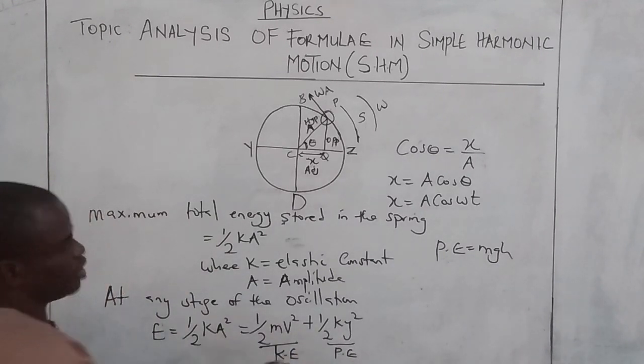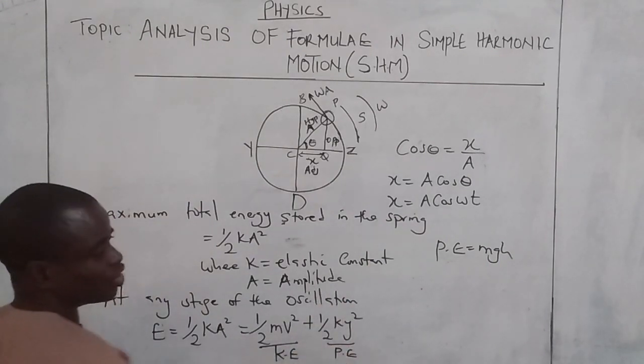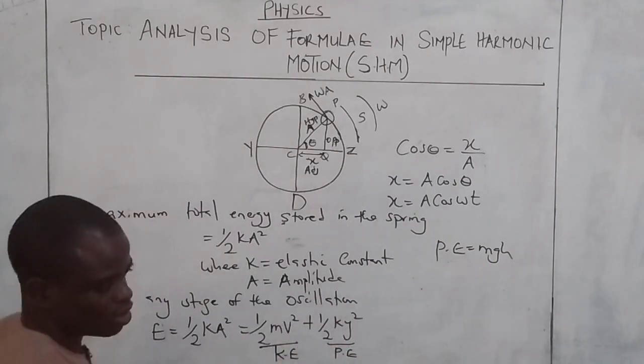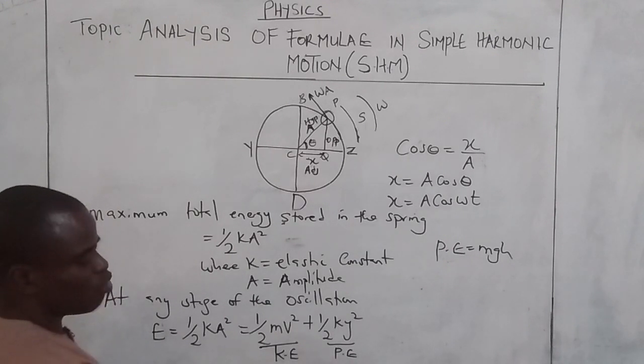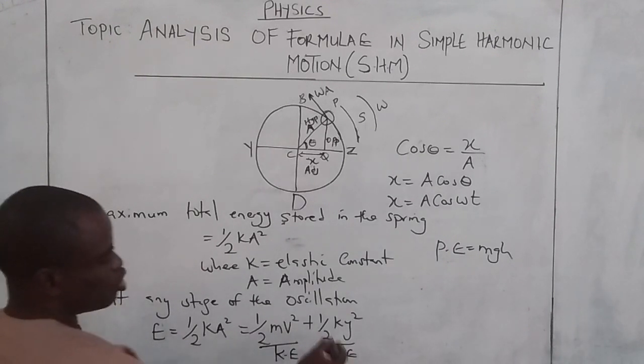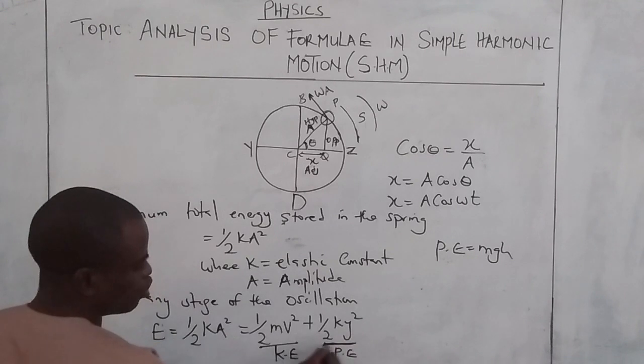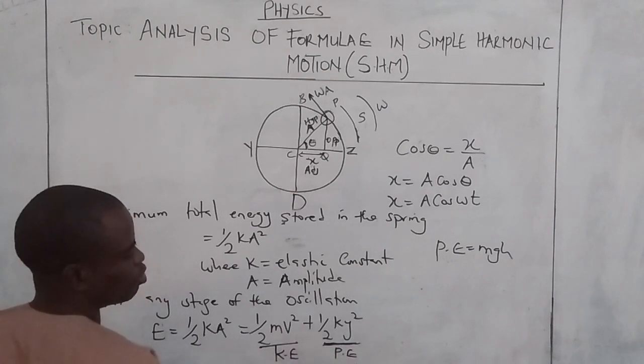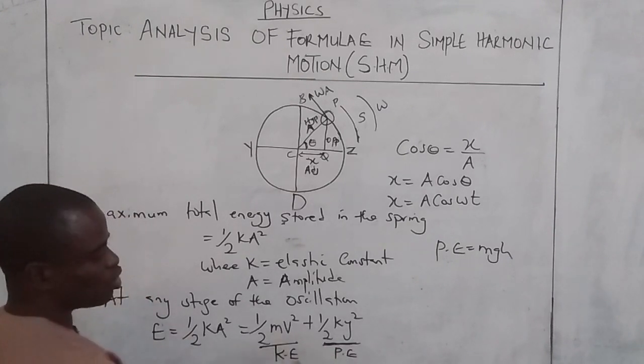When it's being stretched, the work done is in stretching the spring to a particular distance. When you stretch to a particular distance, it gives us the work done at which it is stretched to that point. That's why half ky squared is also an expression of potential energy, because of the work done in stretching the spring.